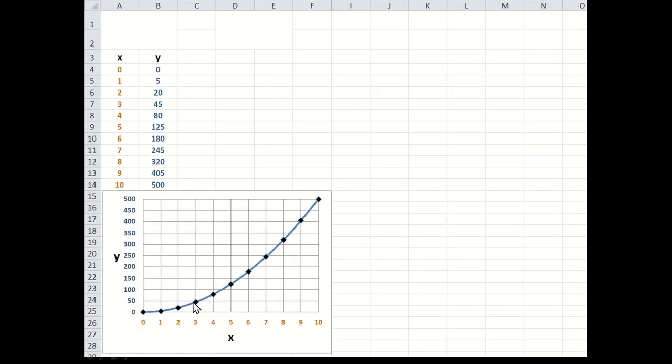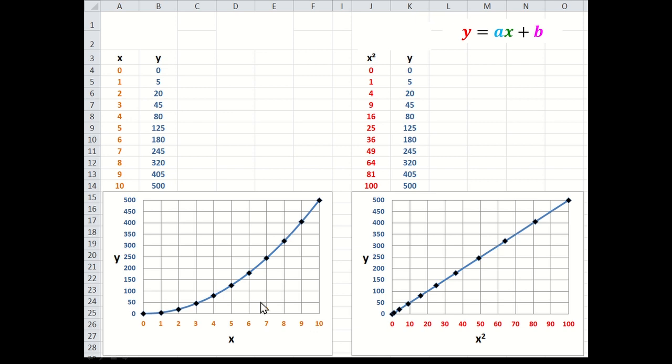So if we could tweak this data, turn it into a straight line, then we could find the equation of that line by using the slope and intercept. Okay, so here's what we're going to do. Instead of graphing x versus y, we're going to graph x squared versus y.